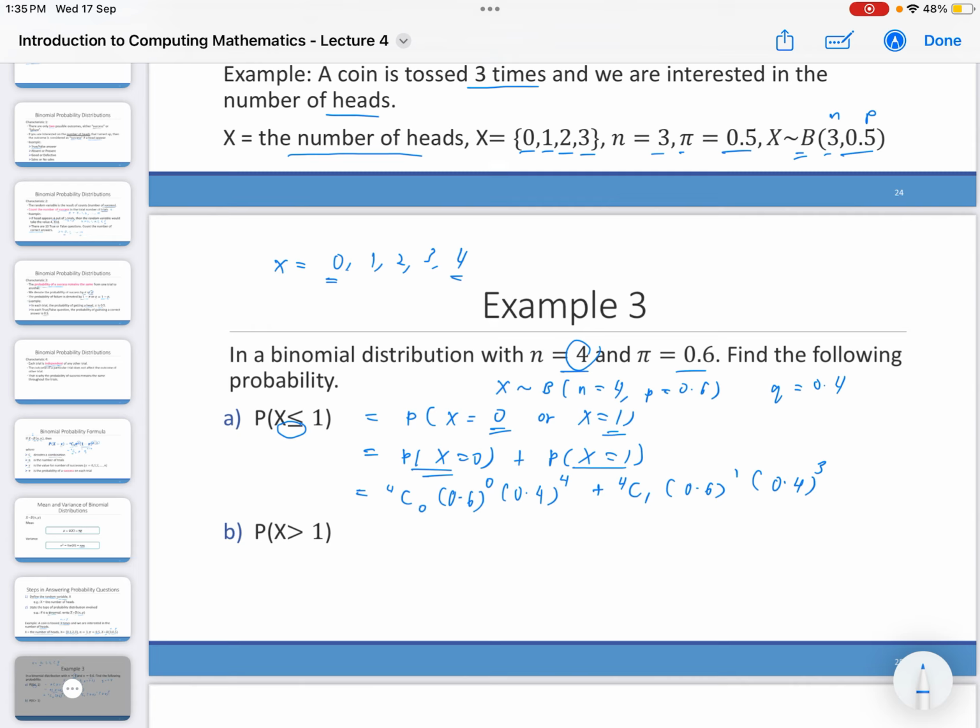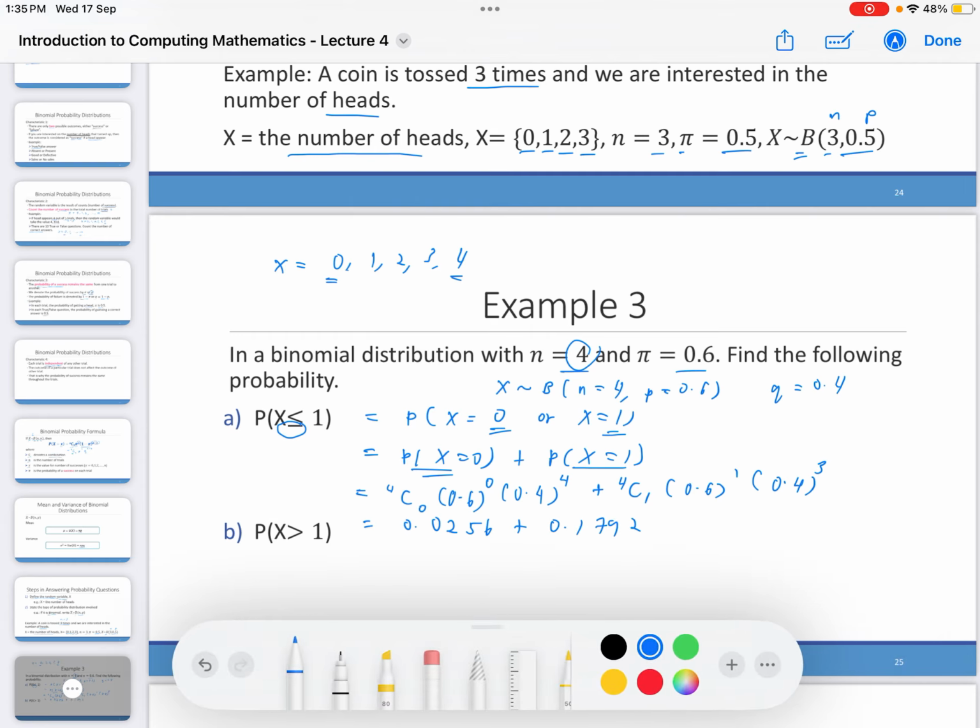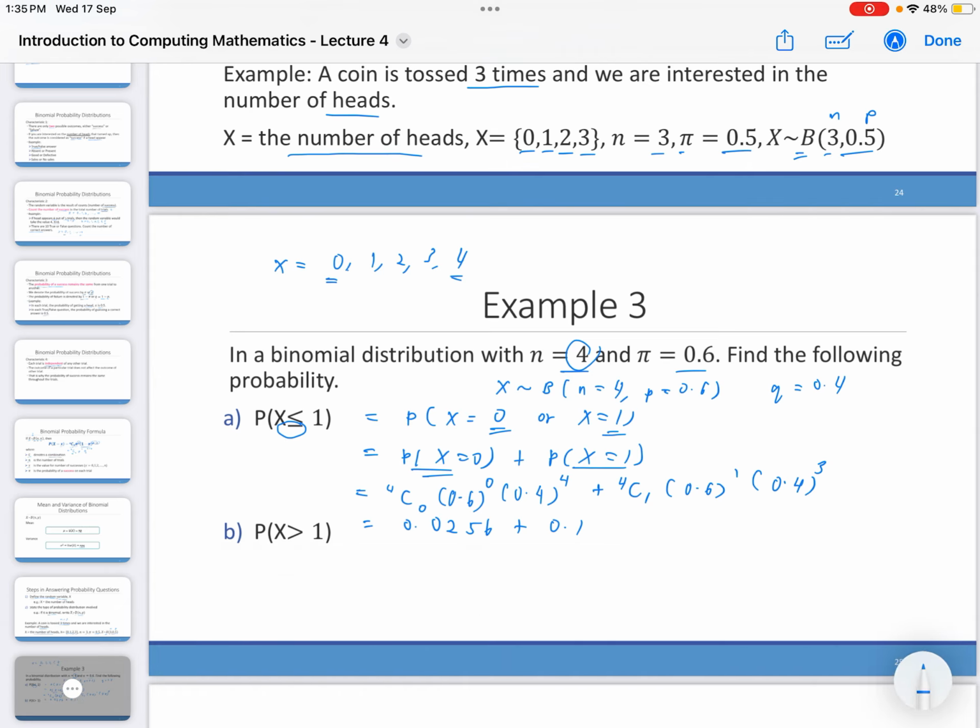Now this one, you can calculate using a calculator. So this one equals 0.0256 plus 0.1536.